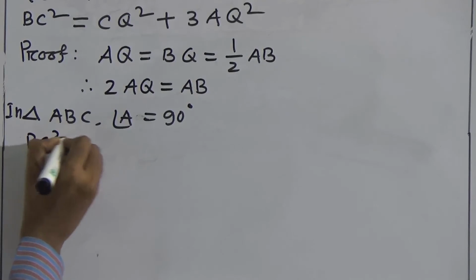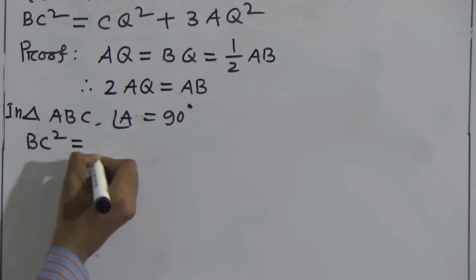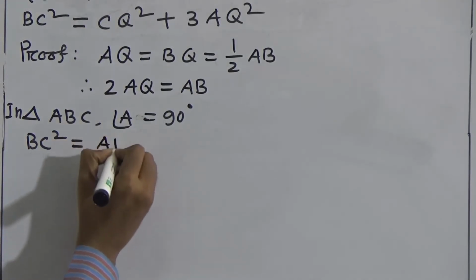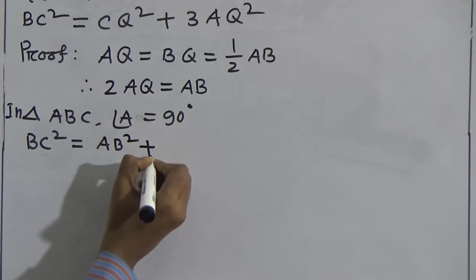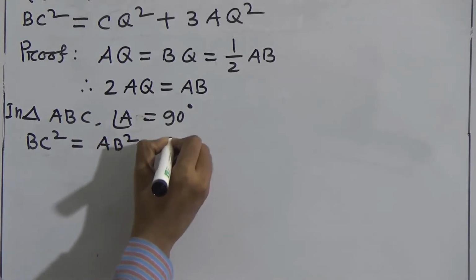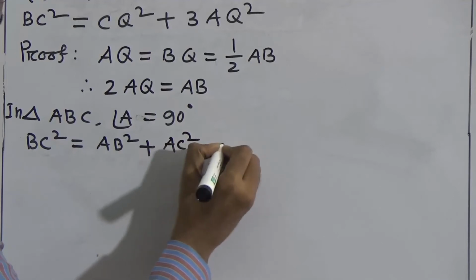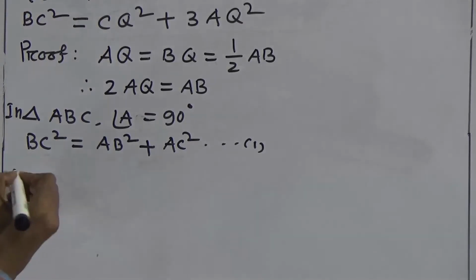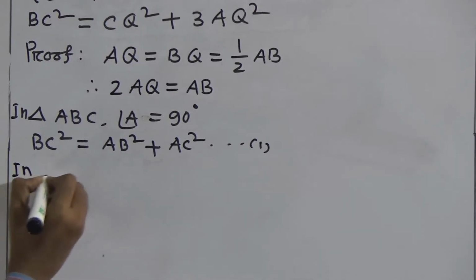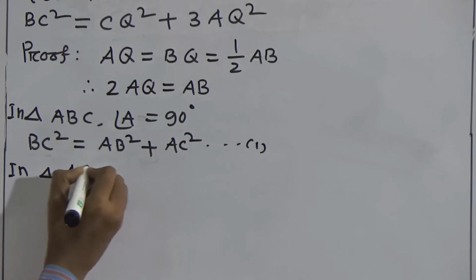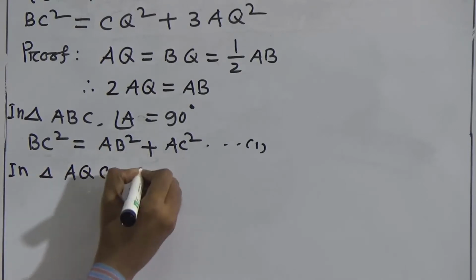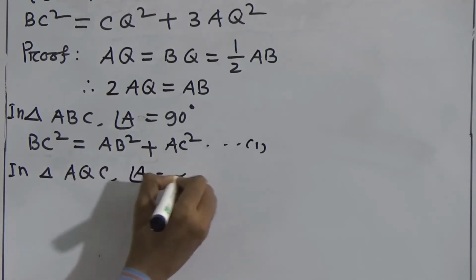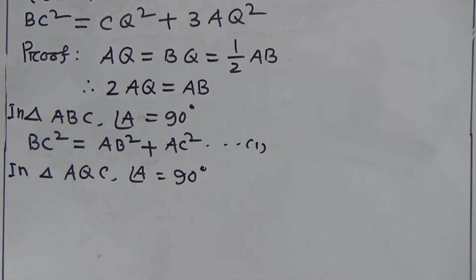Look, BC square equal to AB square plus AC square, equation 1. And in triangle AQC, angle A equal to 90 degree.